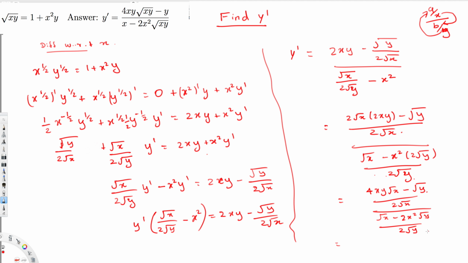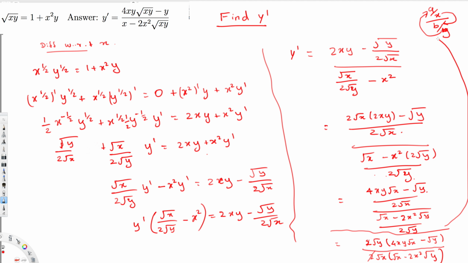Now I bring this to the top and the other one to the bottom, so it's going to become 2 square root of y multiplied by 4xy square root of x minus square root of y over 2 square root of x, multiplied by square root of x minus 2x square root of y. So we can cancel these 2, and since I don't have enough space, I bring it to the top.